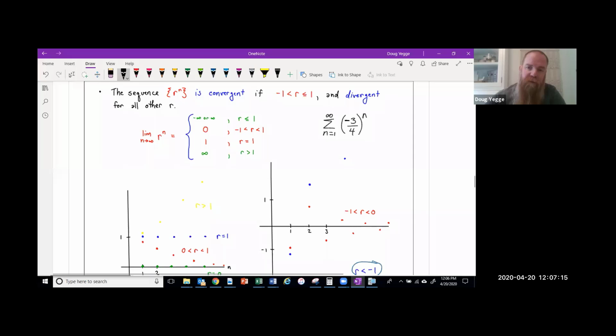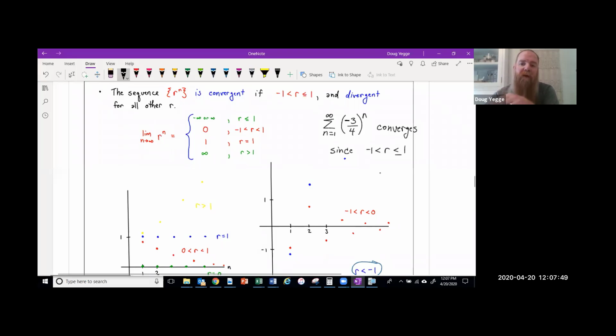Still converges because R is in the range from -1 to 1. So this is a geometric series, and it turns out that these are really important and, in fact, really helpful. I could say that this converges since R is between -1 and 1.